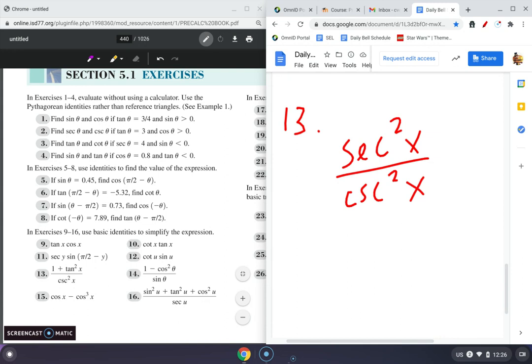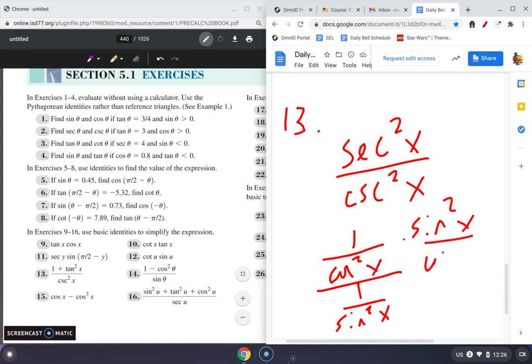secant squared over cosecant squared would be the same thing as 1 over cosine squared x over 1 over sine squared x. Then when you're dividing fractions, we're going to flip that and multiply.